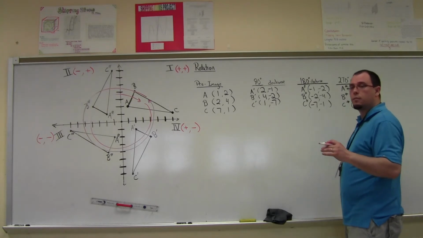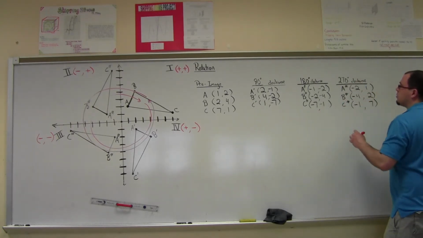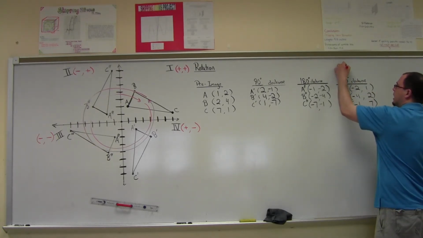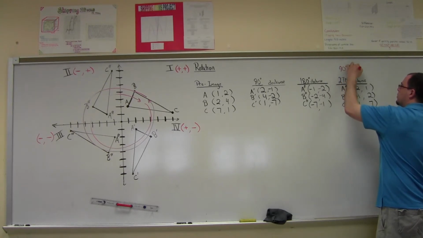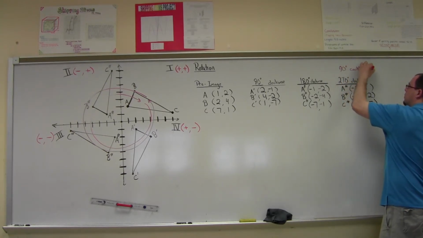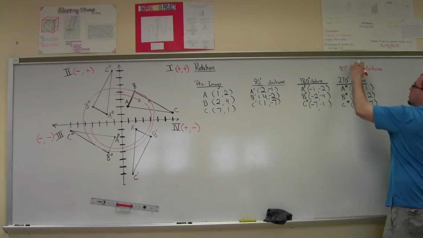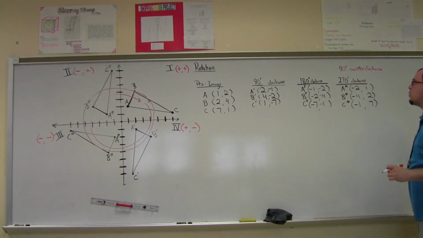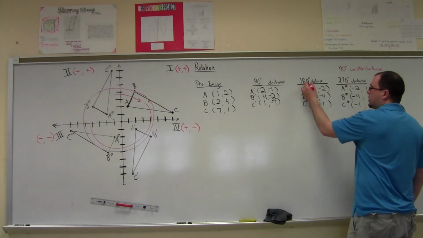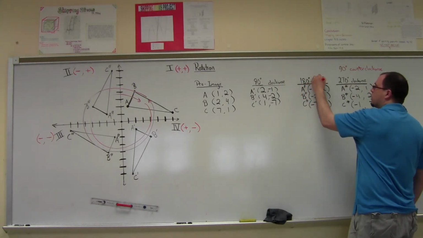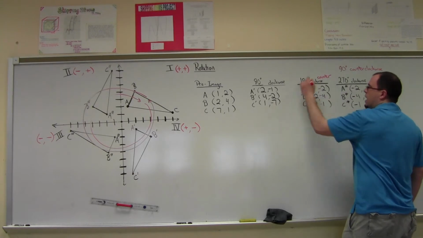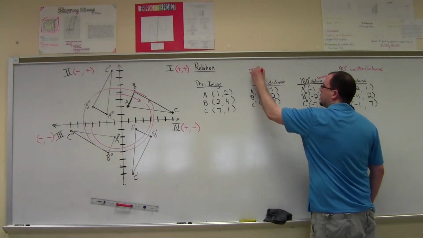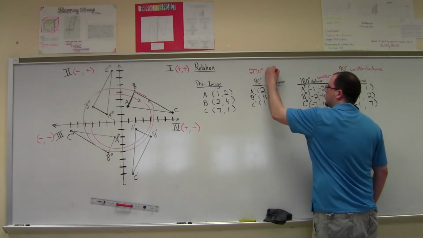So for instance, 270 degrees clockwise is actually just 90 degrees counterclockwise. So if you needed to go counterclockwise, you would go this way, and I'll show you how to do that momentarily. This is going to be 180 degrees clockwise or counterclockwise, and this will be 270 degrees counterclockwise.